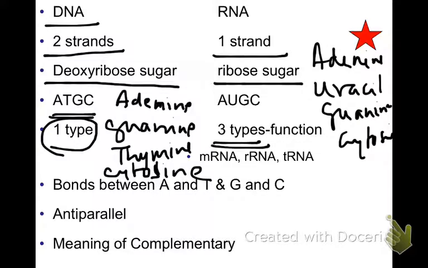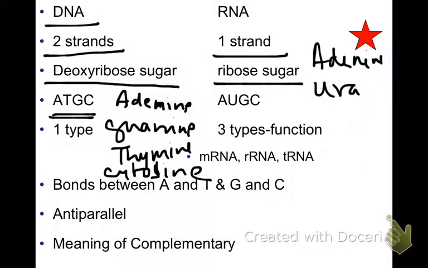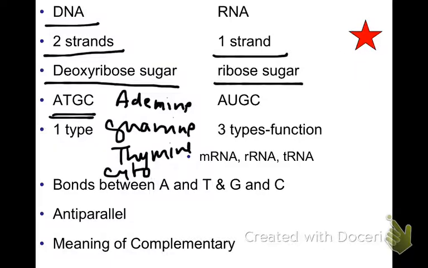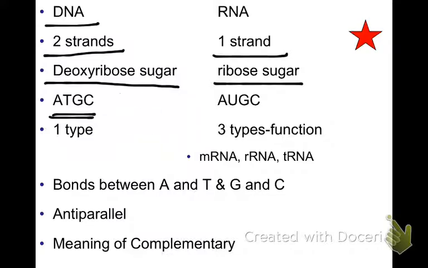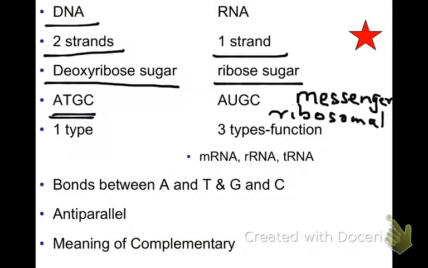You have three kinds of RNA depending on the kind of function they have: mRNA, rRNA, tRNA. mRNA is also called messenger RNA. rRNA is also called ribosomal RNA. tRNA is also called transfer RNA or translational RNA.